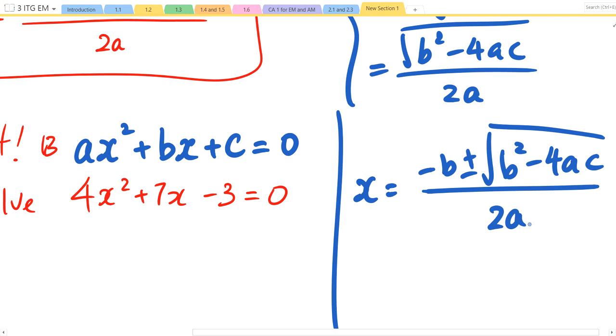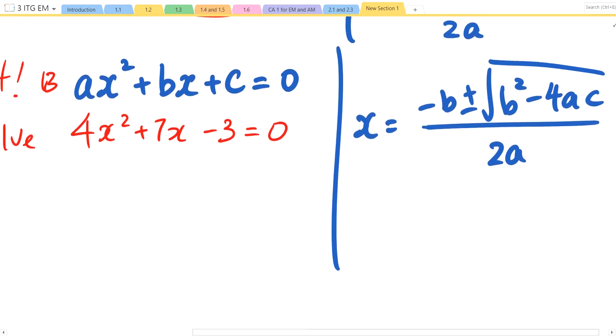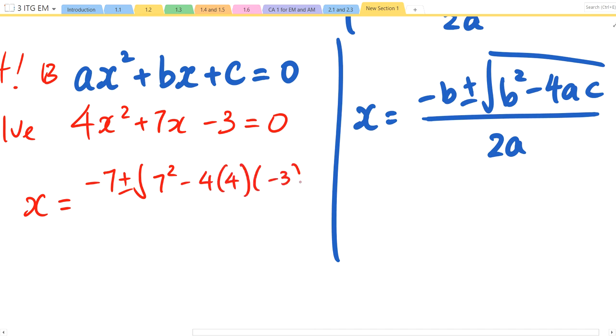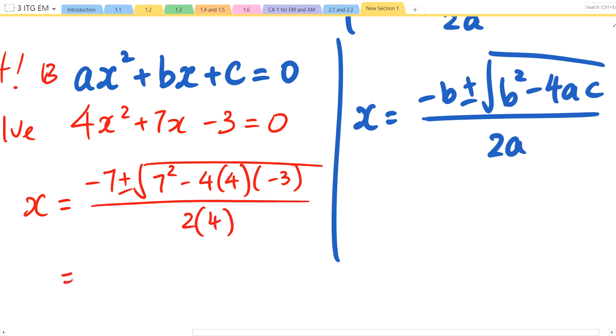But you must be able to identify the values of a, b, and c. So from here I know that x must be negative 7 plus minus the square root of 7 squared minus 4 times 4 times negative 3, over 2 times 4. Okay.